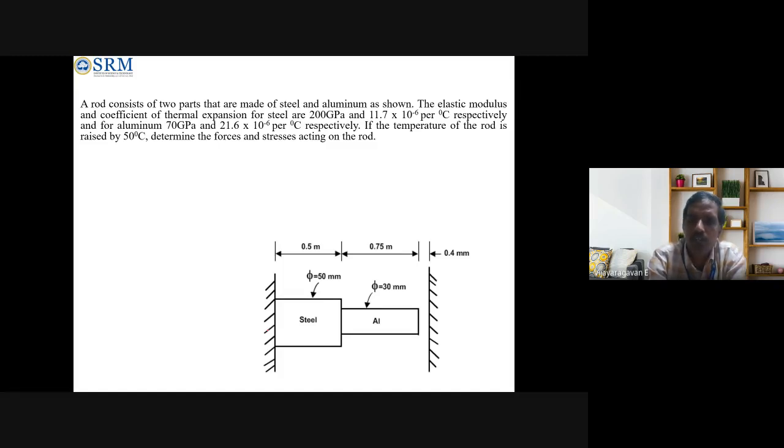In both the rods, we have to identify what will be the force acting on it and what is the stress acting on it. All the necessary dimensions and specifications of the material are given, that is the coefficient of thermal expansion and the Young's modulus. So can anyone suggest how we can start with this problem?